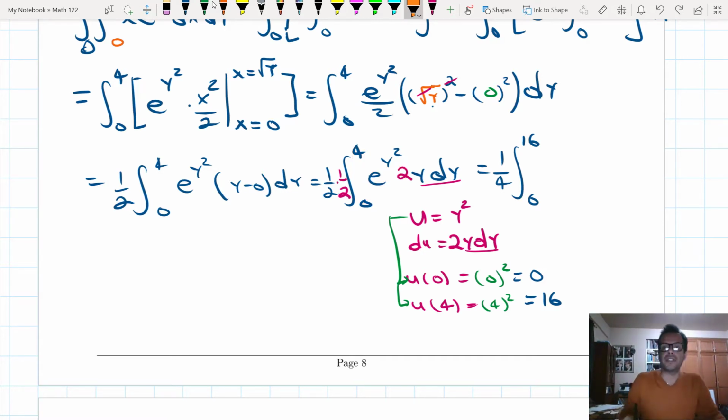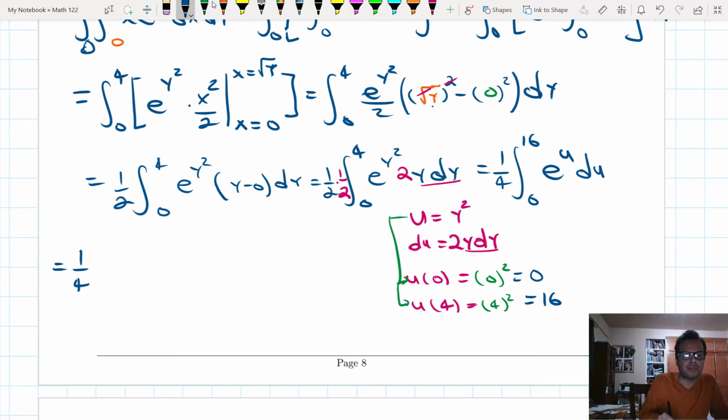And then this is e to the u du. So now we need to evaluate the integral of e to the u, which is itself, e to the u, evaluated from 0 to 16.